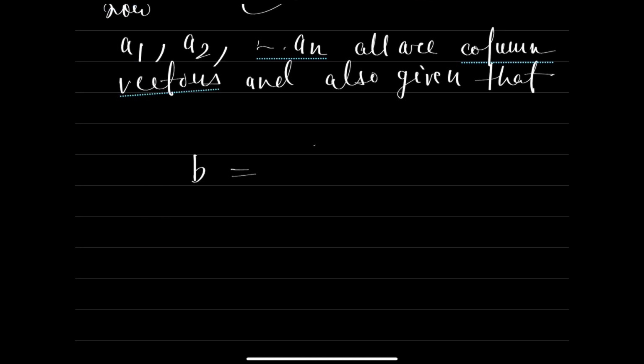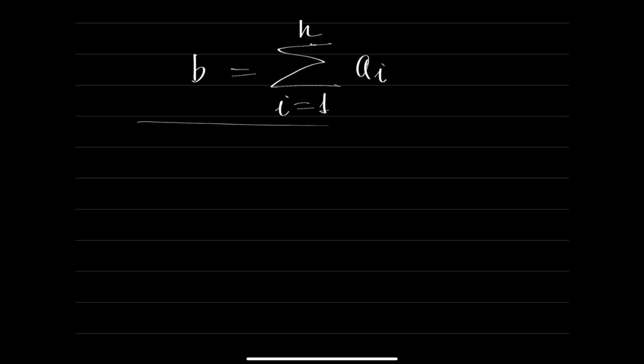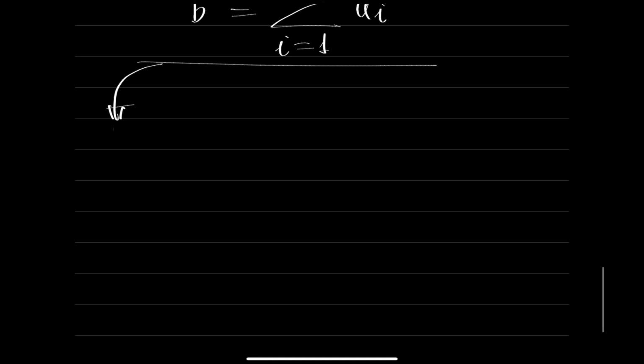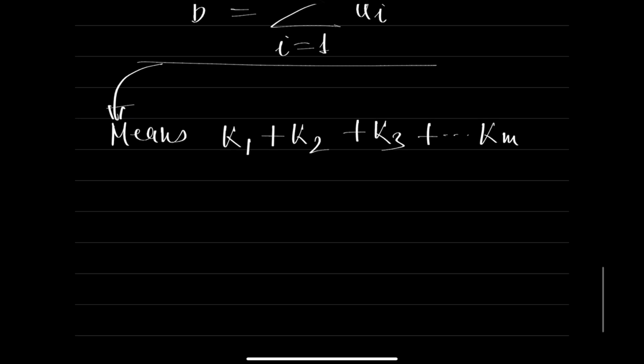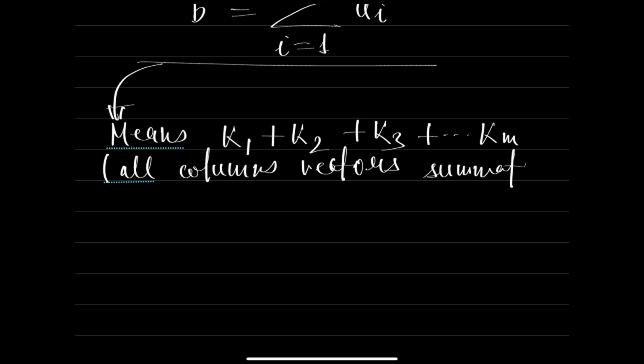in the problem we have b equals the sum from i equals 1 to n of Ai. This means that all the column vectors' summation gives us one vector b.